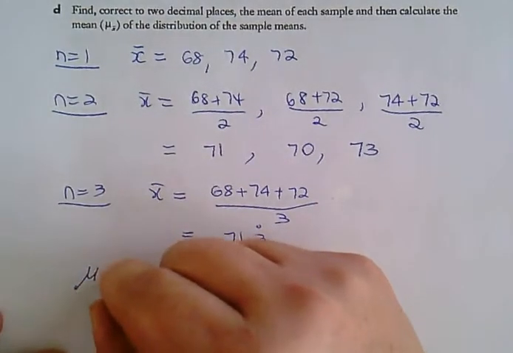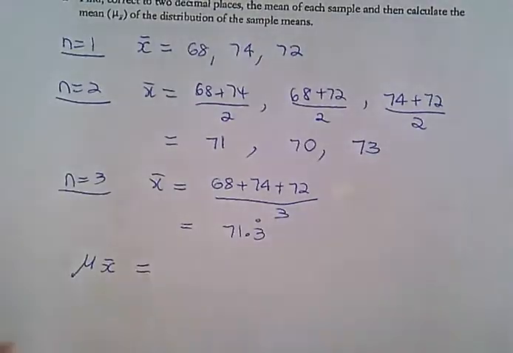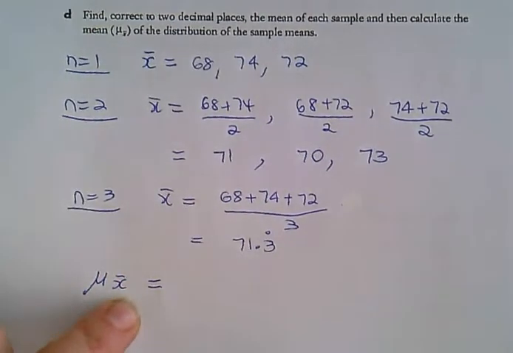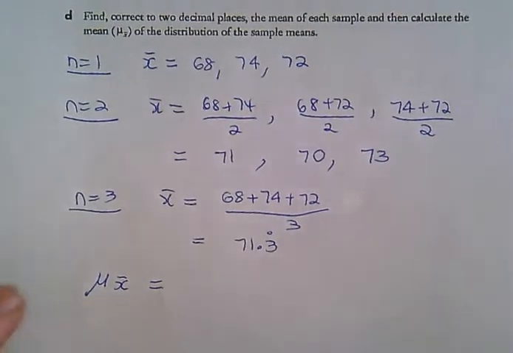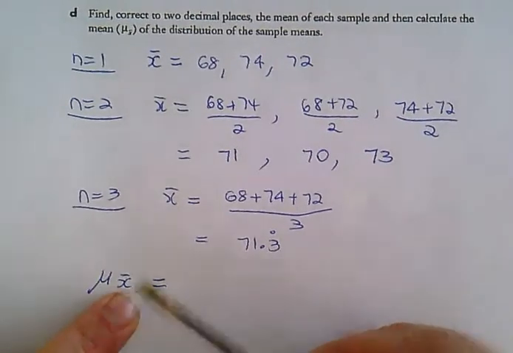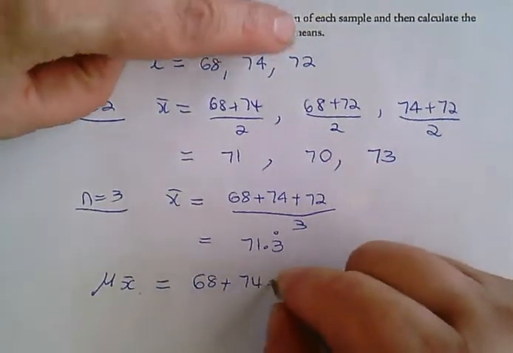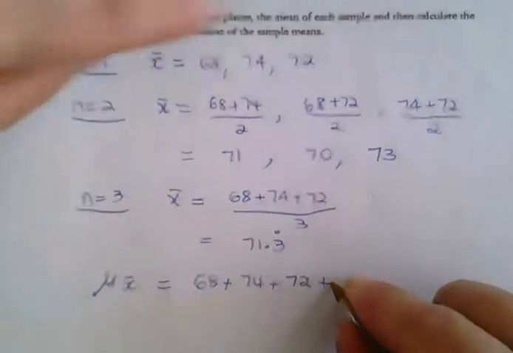Now, mu x bar. So girls, can you see this is asking you for the mean of your means? Do you get it? The mean of your means. So write down all your means: 68, 74, 72.